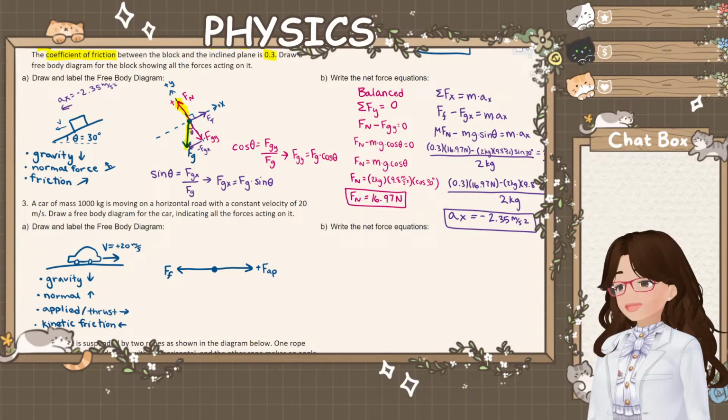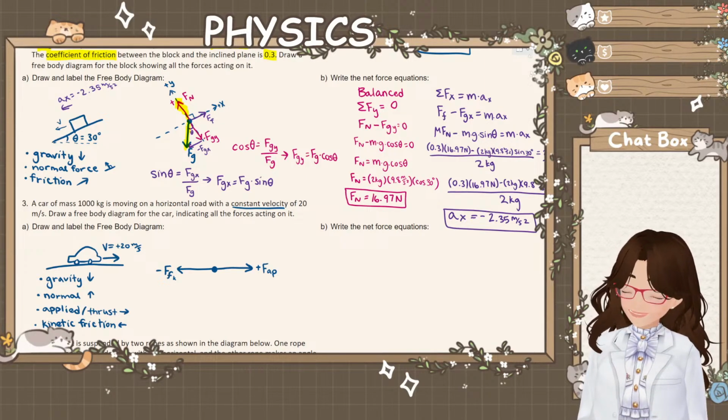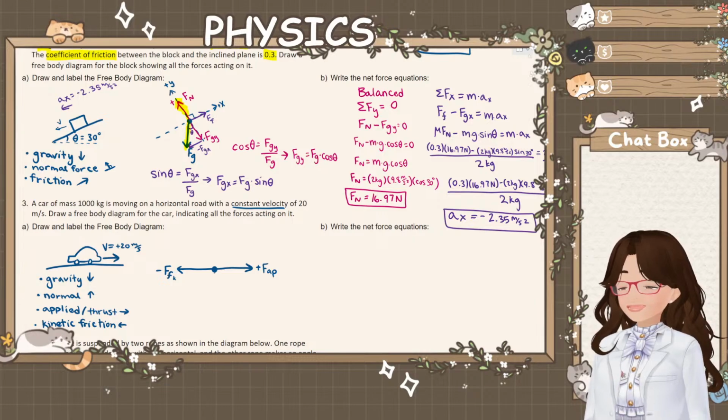And the reason why this needs to balance it is because of the fact that we have a constant velocity. That means that there's no acceleration in the x direction. Also, I've never seen a flying car, but I know that they kind of exist. There's some weird stuff happening in tech. But in this case, we would have FG, or the weight pointing down, and we would have the normal force pointing up.